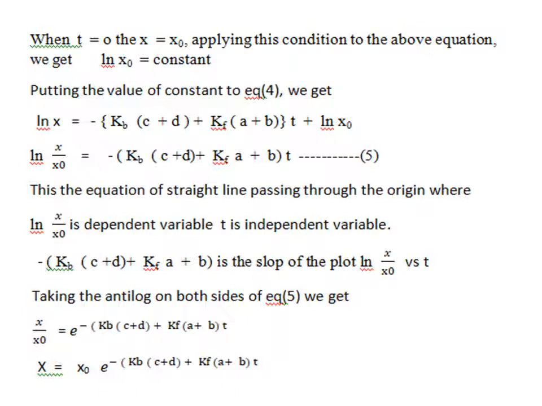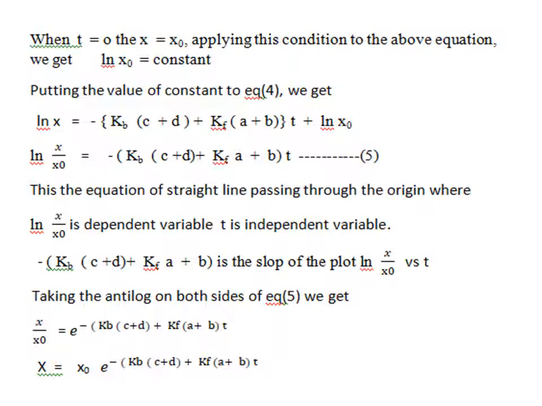Now put the value of the constant into equation 4: we get log x is equal to minus Kb into C plus D plus Kf into A plus B into t plus log x naught.